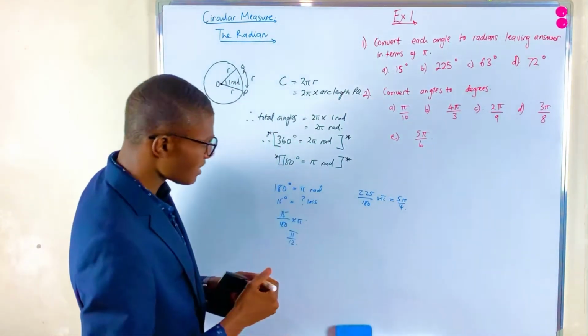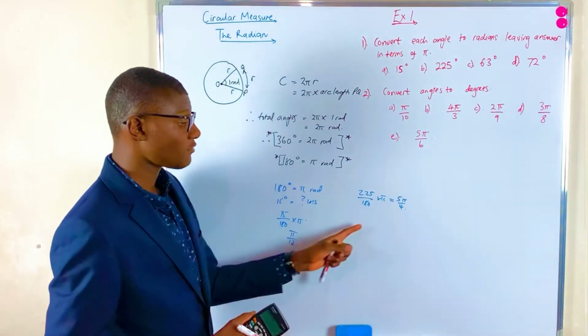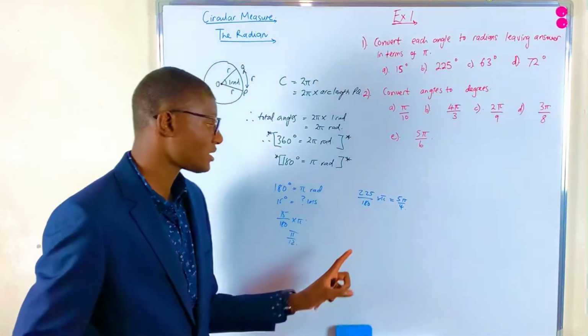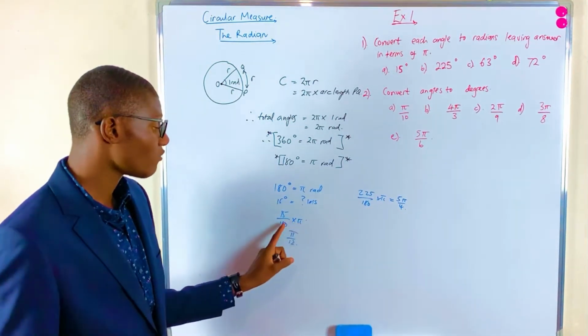But now, what is similar between these two conversions from degrees to radians is that we've multiplied by pi over 180.